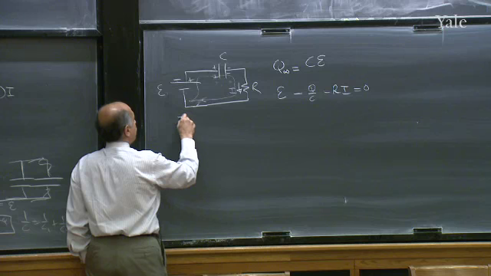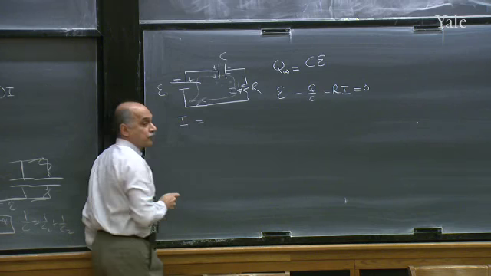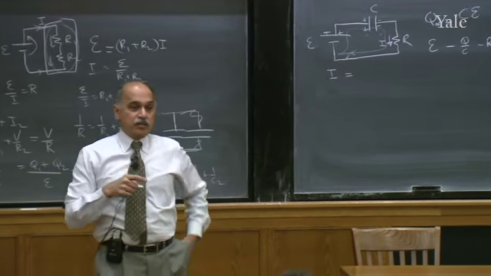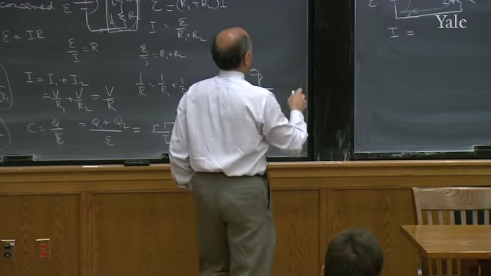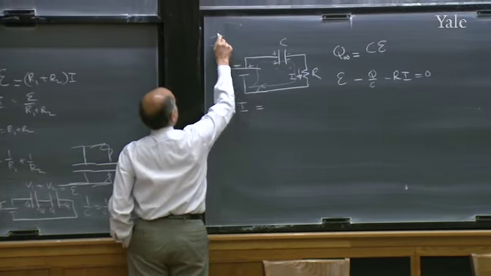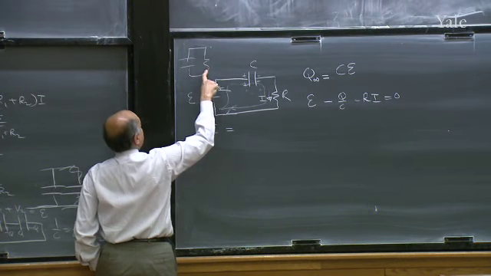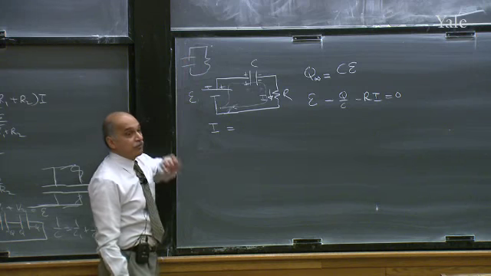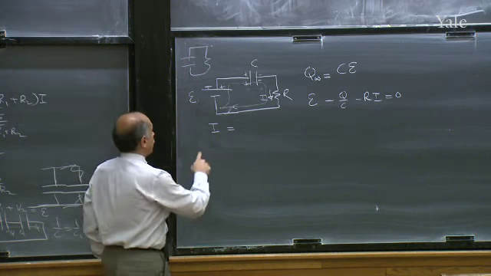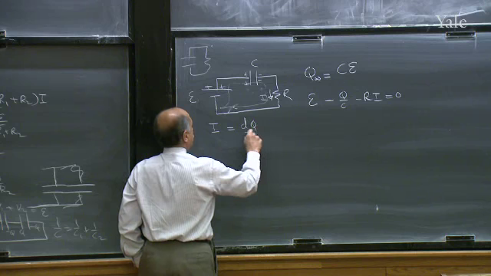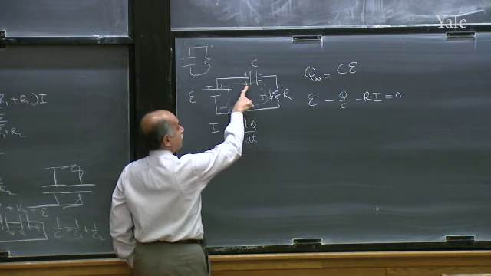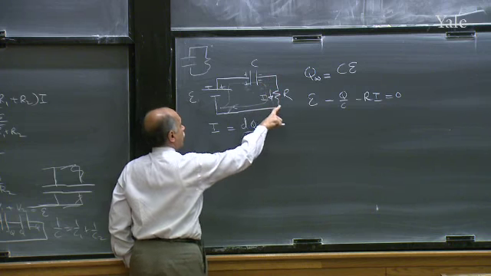Now what's the relation between I and Q here? You should think about it. When we drain the capacitor, remember I did a problem earlier on where I only had a capacitor and a resistor. There, the current was minus dQ/dt, because as the current flows, the capacitor is getting drained. Here, actually, the current is plus dQ/dt. So if you're not careful, you will get in trouble. It's plus dQ/dt because any charge that piles up on the capacitor leaves the other plate and goes through this.